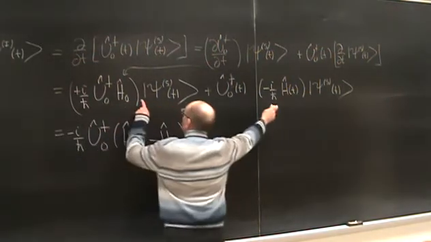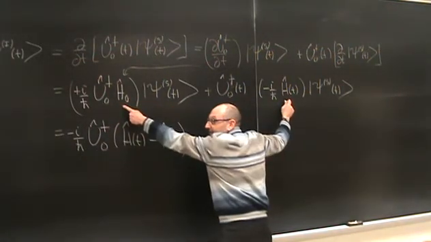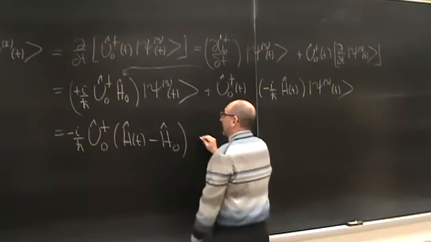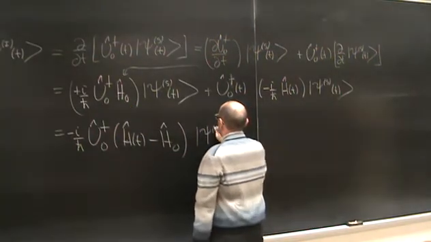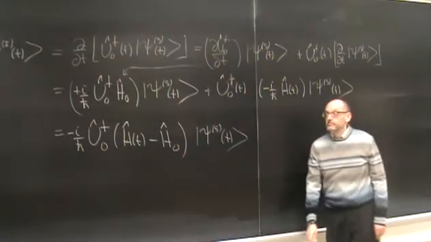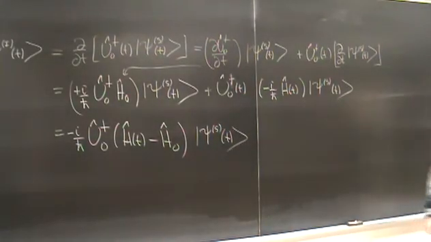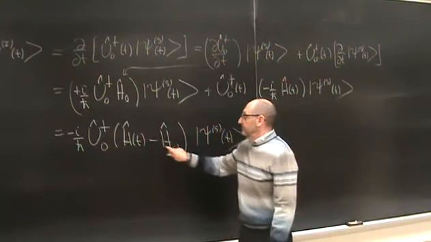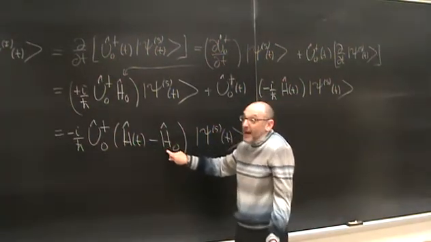That's combining these two terms and just writing them in the other order, acting on the Schrödinger picture state. What is this? That's the interaction Hamiltonian.